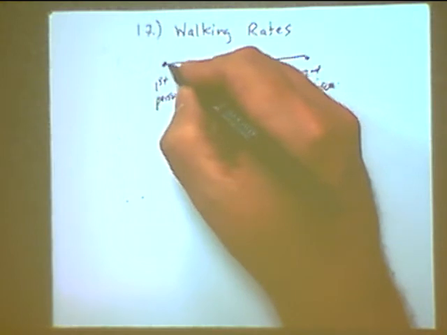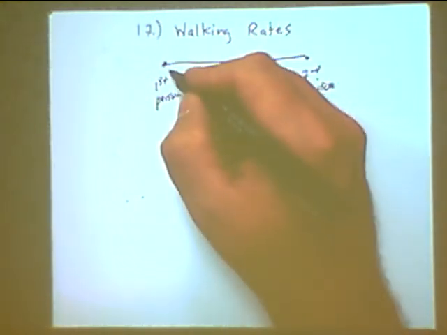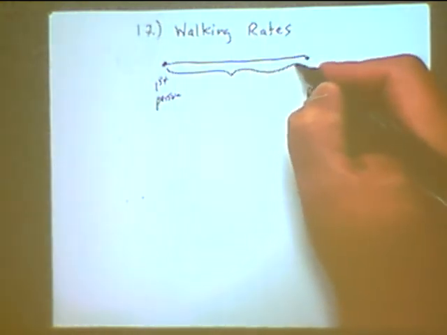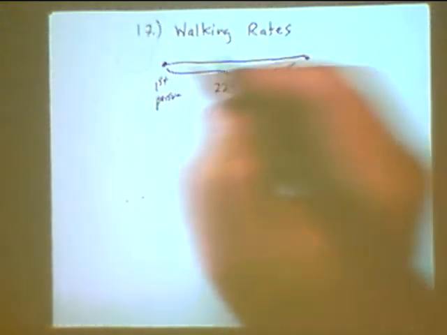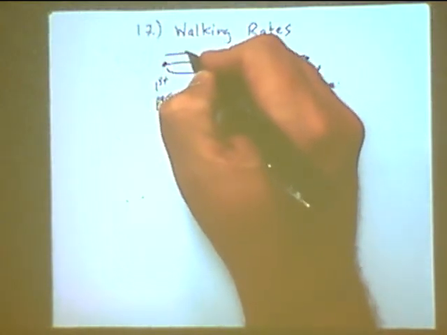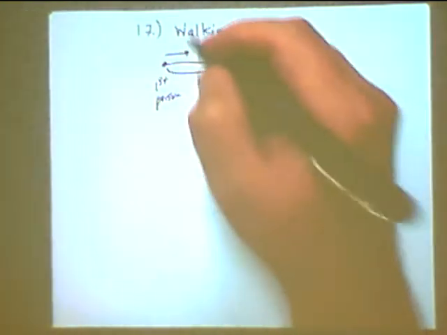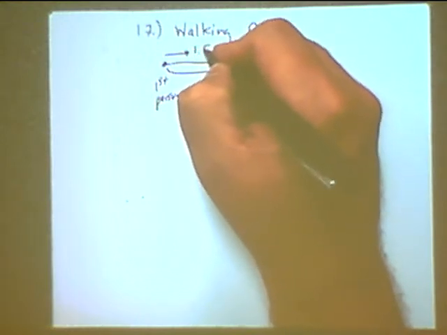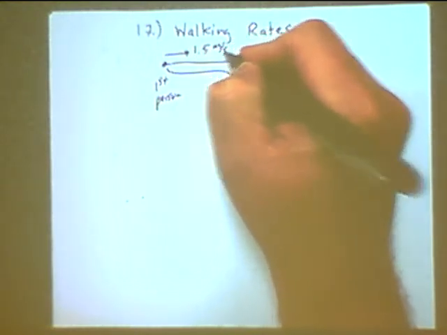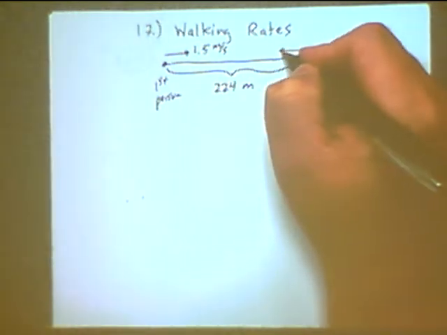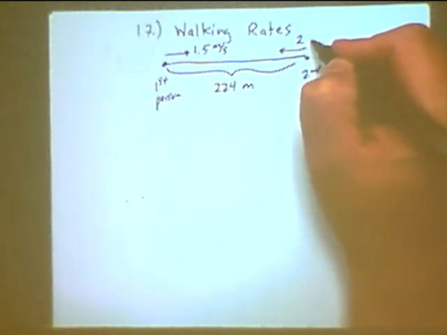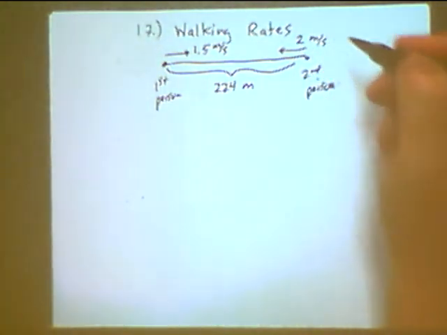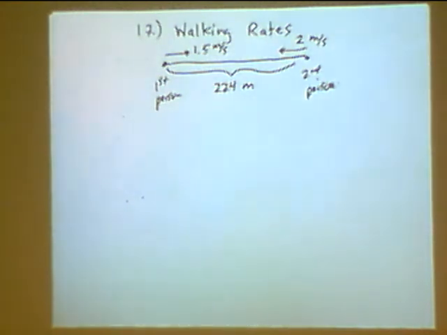When they started, they were 224 meters apart, and this person starts walking at a rate of 1.5 meters per second. And the second person walks a little faster, 2 meters per second. Now the first question is, how long will it be before they meet?